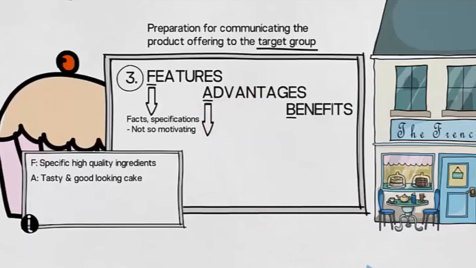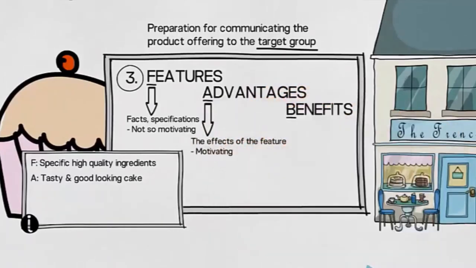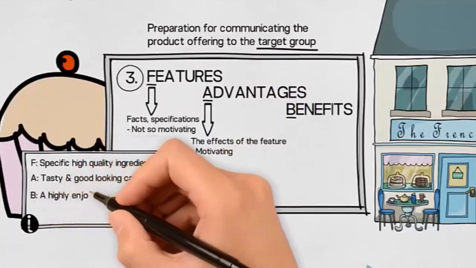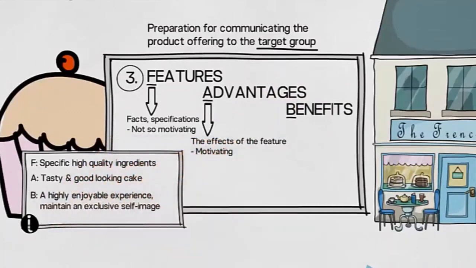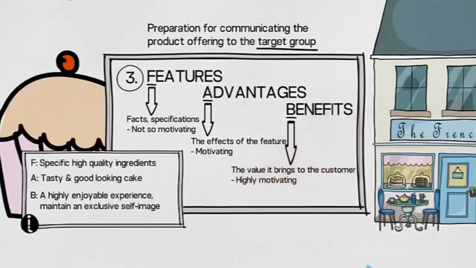Advantages are then the effects of the feature, and they are somewhat more motivating than the feature itself. Furthermore, this advantage gives our target benefit of a highly enjoyable experience that allows them to preserve their all-important self-image. So benefits are the values that this feature brings to the customer, and this is highly motivating to the customer.